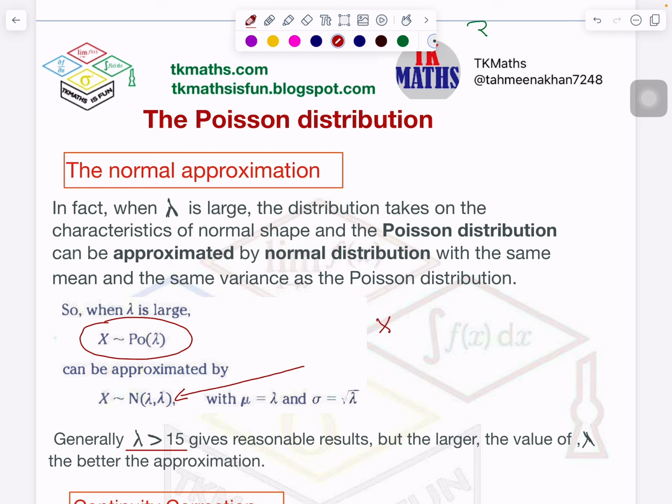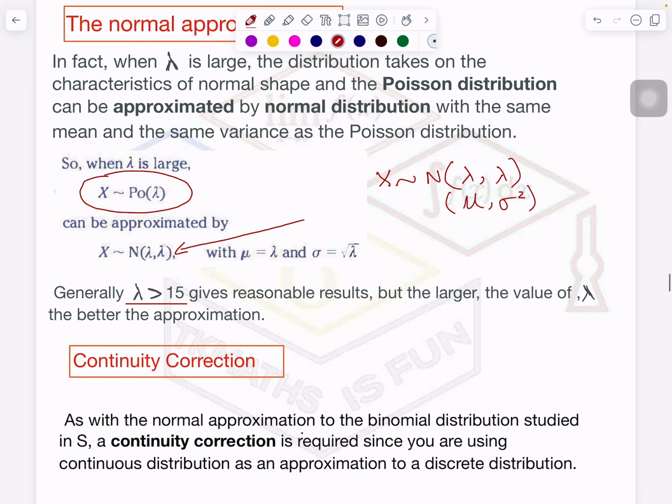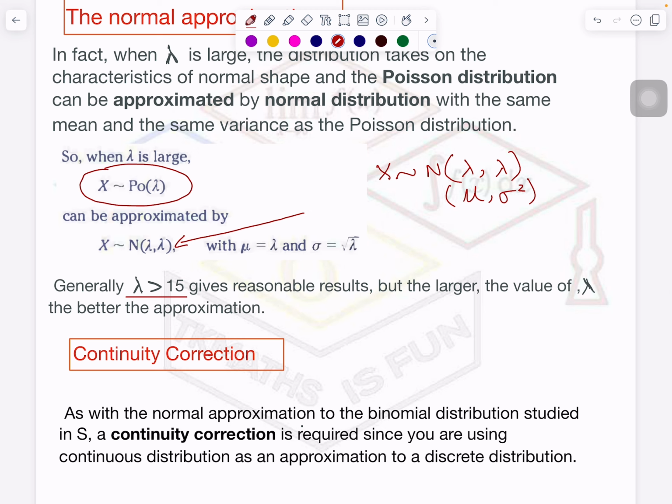And you know, in normal distribution, when we write it like this, this will be your mean and this will be your variance. You know that from S1, right? And you know how to calculate the probability. So now, always remember when a question of Poisson distribution is given to you and you are doing normal approximation, you have to apply continuity correction.